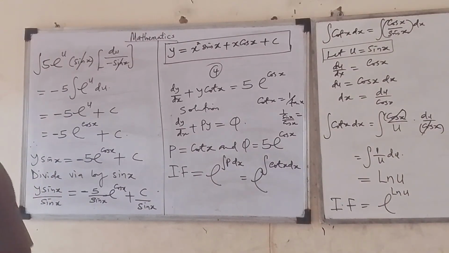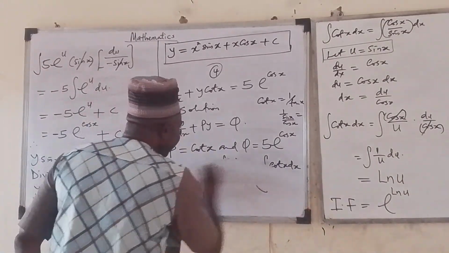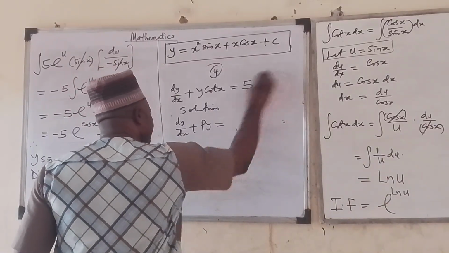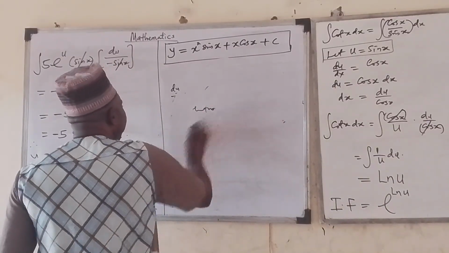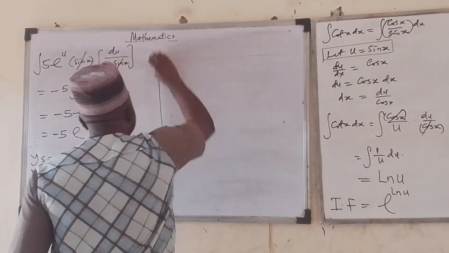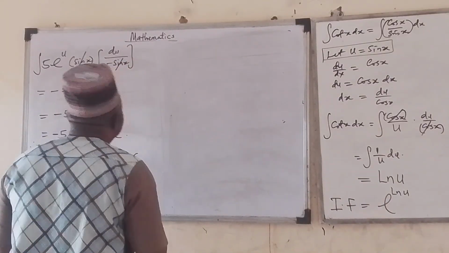Now recall from trigonometry that 1 over sine x is equal to cosec x. Now let me drop it here.